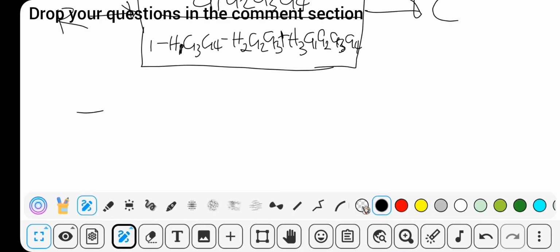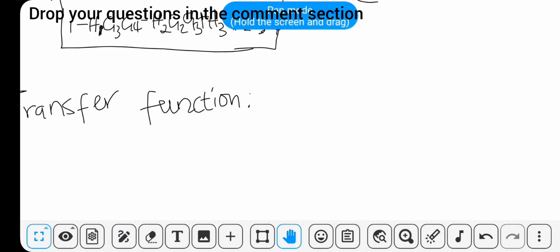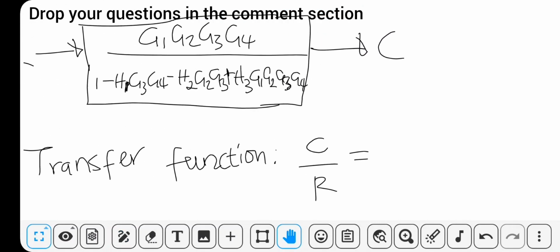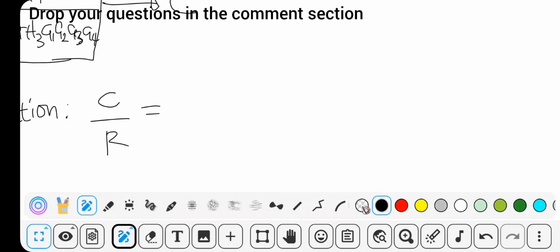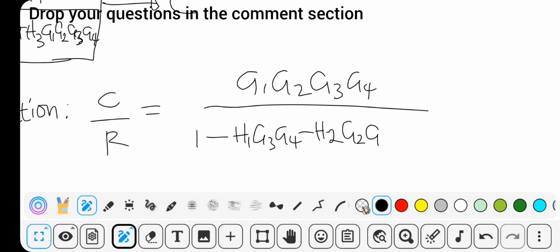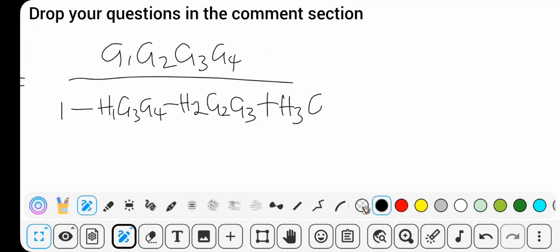The transfer function is simply the output over the input, C over R, which is equal to this value here, G1 G2 G3 G4 divided by 1 minus H1 G3 G4 minus H2 G2 G3 plus H3 G1 G2 G3 G4.